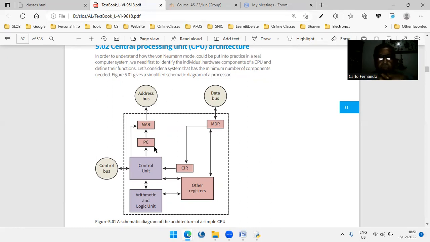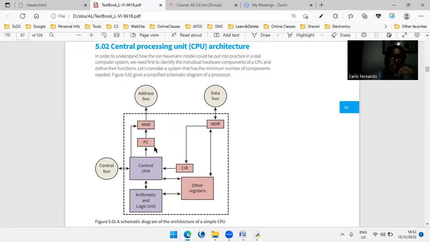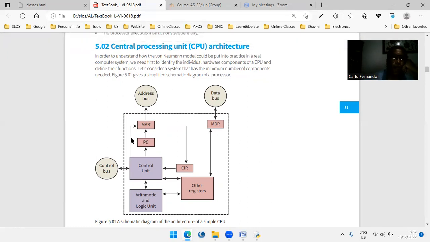And PC is not personal computer here. PC is called the program counter. Right? Program instructions are kept in memory addresses, and each instruction has a number. Instruction 100 is this, instruction 101 is this.